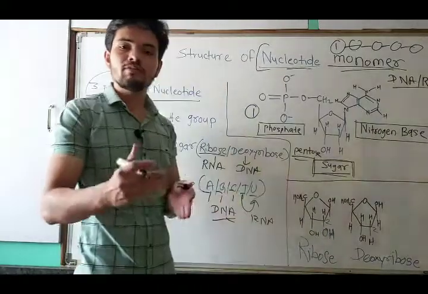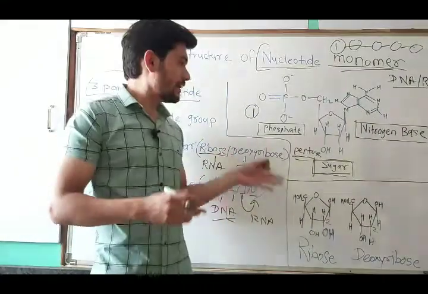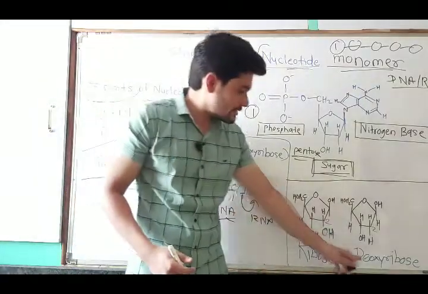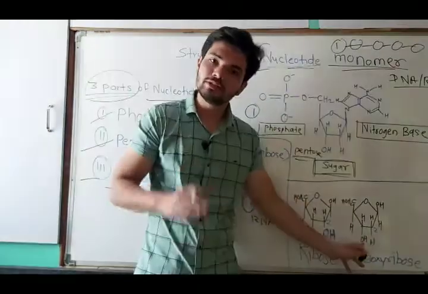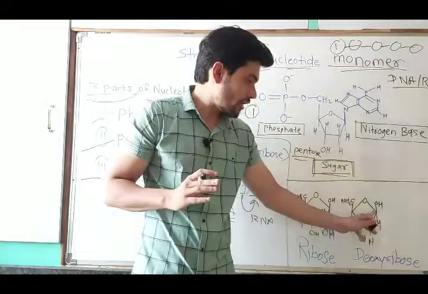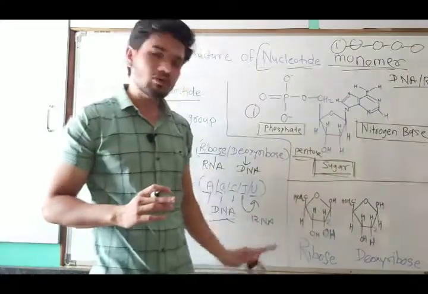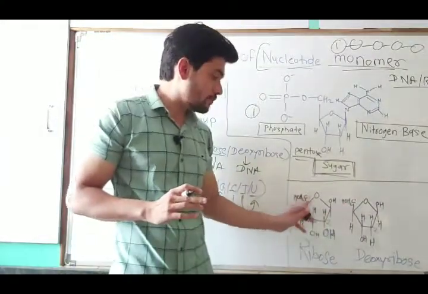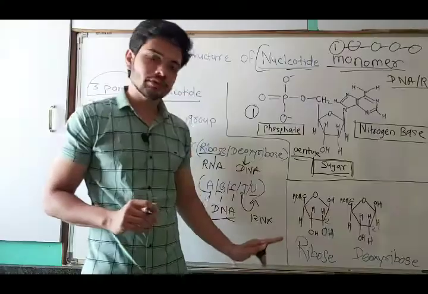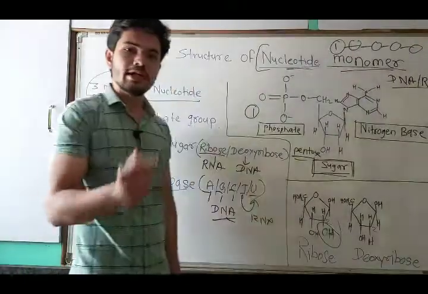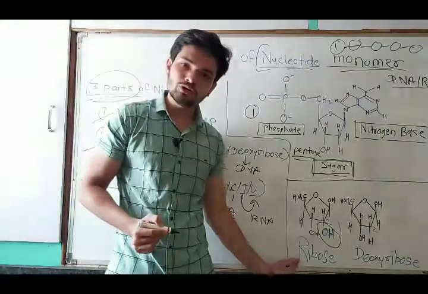According to the difference between their sugars, they are named, like deoxyribose nucleic acid, because deoxyribose sugar is present, which is also a pentose sugar made up of 5 carbons, 1 2 3 4 5. In case of ribose there are also 5 carbons, but on the second carbon a hydroxyl group is present, so that's why we call it ribose sugar.